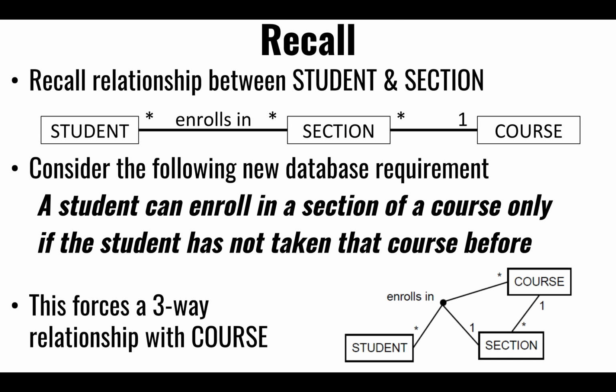Now, if we apply the principle, you'll notice here that we have an enrolls that goes into one in the section, and you have a many to the course, and you have a many to the student. That means that this reification is going to have a foreign key to the course, a foreign key to the student, and a foreign key to the section.